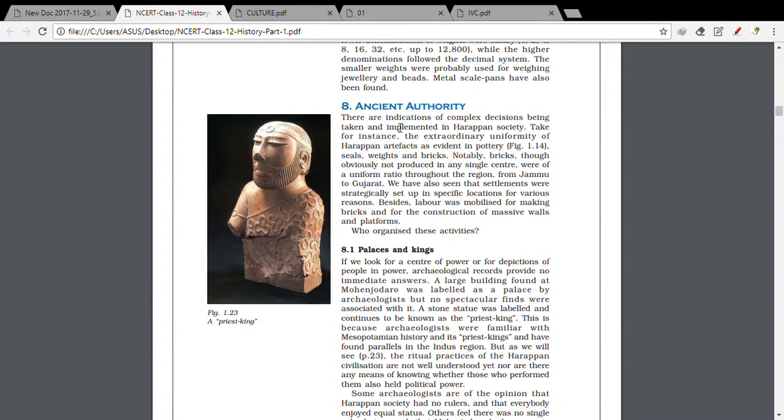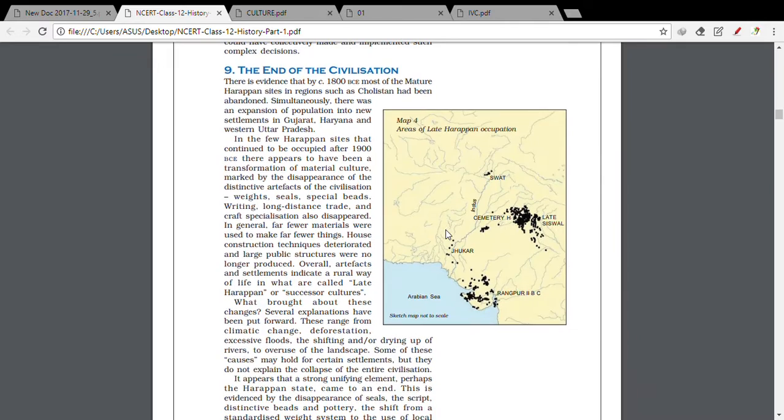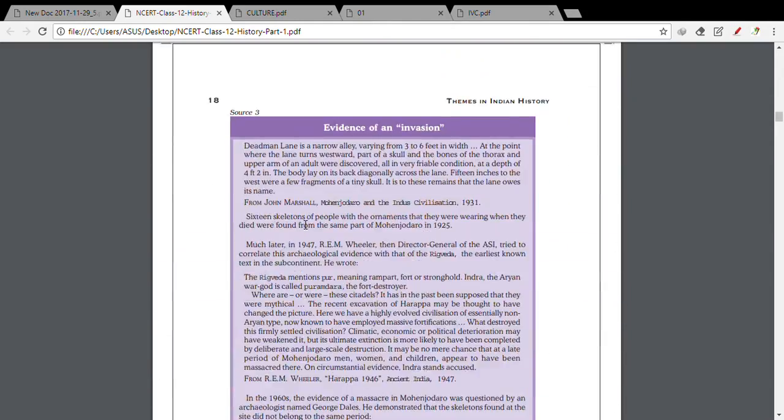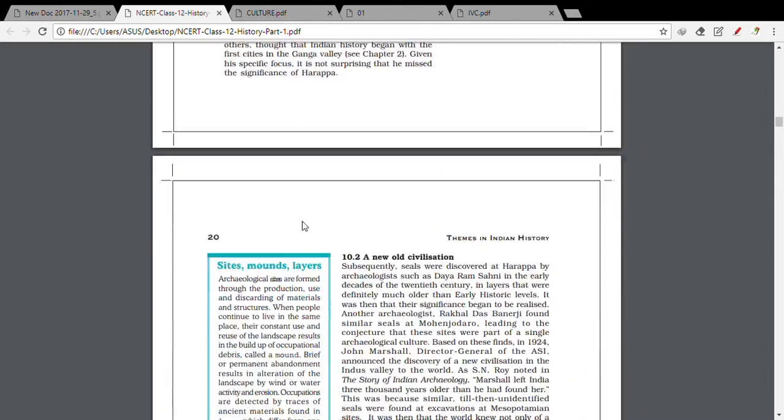They're talking about the ancient authority, that is the administration. So these are very important things. The end of the civilization is also here, but there is no foolproof logic to that one.